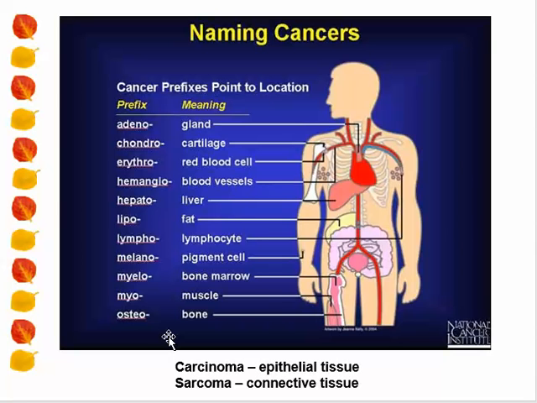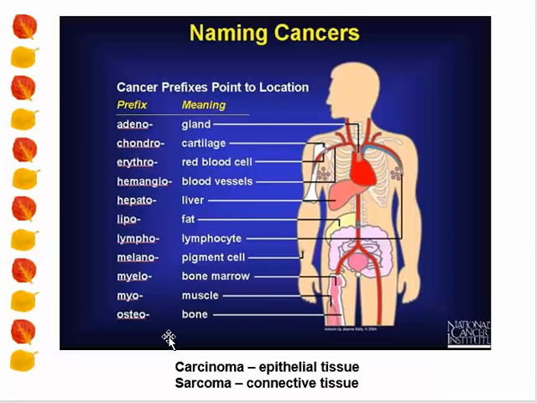Now, this is one of the places where it breaks down, because a melanoma is a malignant tumor, even though it doesn't say melanocarcinoma. Myeloma is in the bone marrow. So there's a cancer called multiple myeloma that's a bone cancer that is in the marrow.